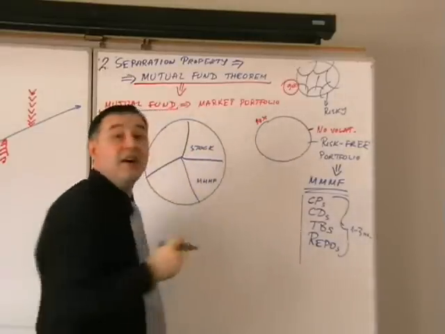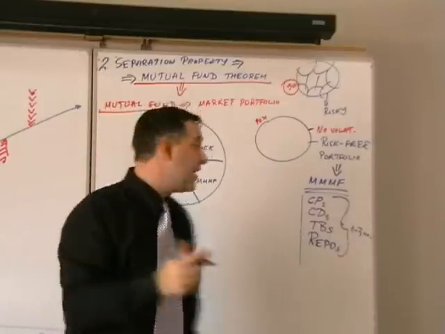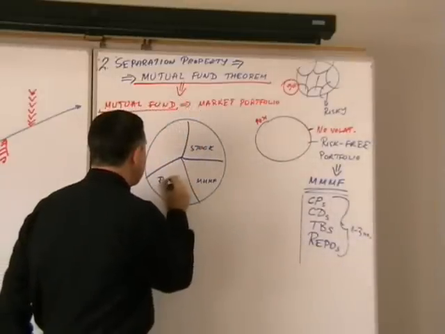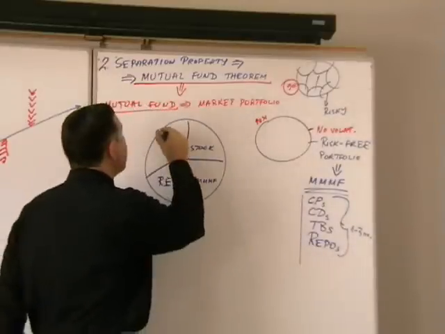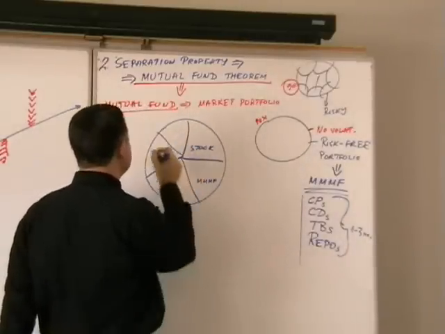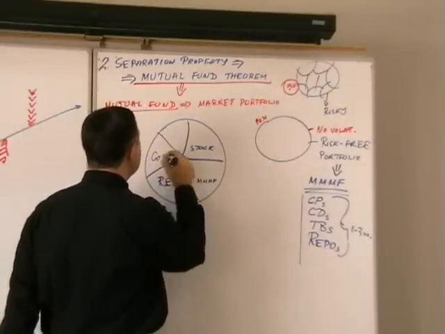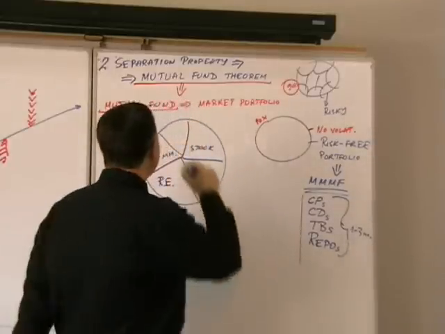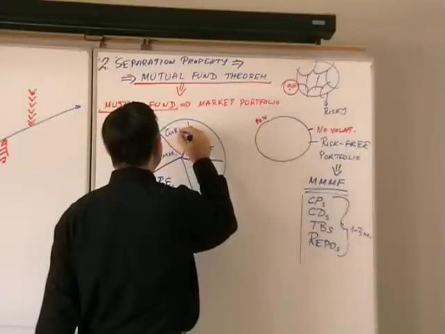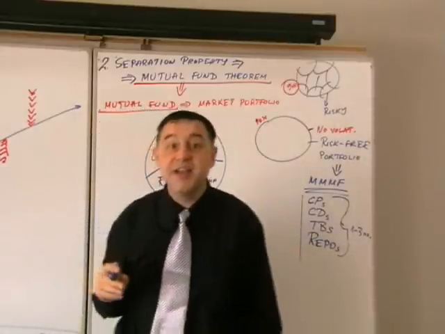Then you will have a fairly well-diversified real estate fund. Then you'll have a very well-diversified, let's say, commodity fund. And finally, you will have something in currencies.